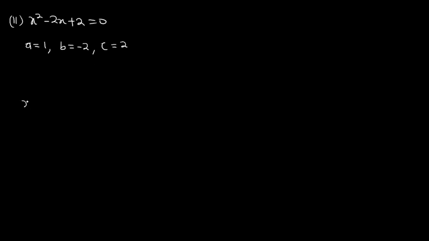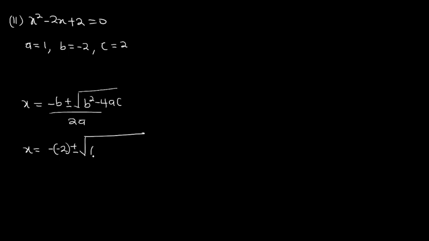So my quadratic formula is x is equal to minus b plus or minus the root of b squared minus 4ac, all over 2a. So my x is equal to minus b, which is minus of minus 2, plus or minus the root of b squared, which is minus 2 squared, minus 4 times a and c, which is 1 multiplied by 2, all over 2a.